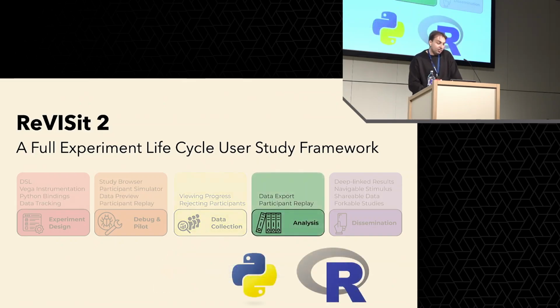And for analysis, we have no desire to compete with Python or R for quantitative analysis, so we allow researchers to export their data in a useful format and go do whatever they want with it. However, we do have analysis tools for more qualitative data, such as a qualitative coding interface and participant replays, which I will show in a bit. So first, let's jump into experiment design.